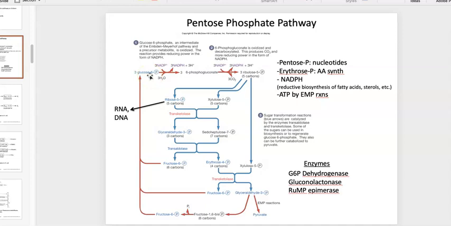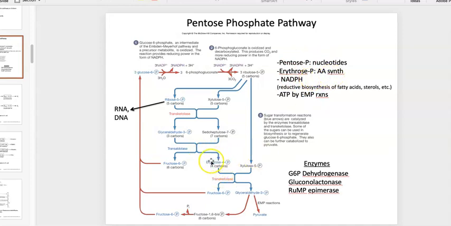And so again, some of the neat things about the pathway is that you're making pentose phosphates that are essential for making nucleotides. As you know, ribose sugars are a primary core molecule in nucleotides, RNA and DNA bases, and so that's where a lot of the ribose comes from. Erythrose phosphate can be used for amino acid synthesis.